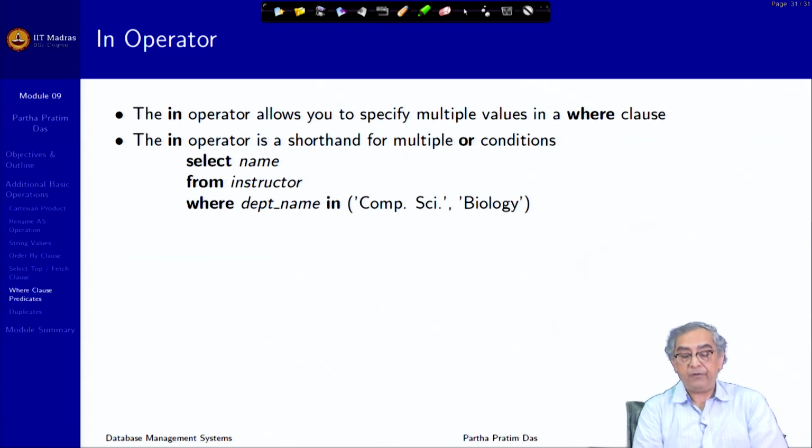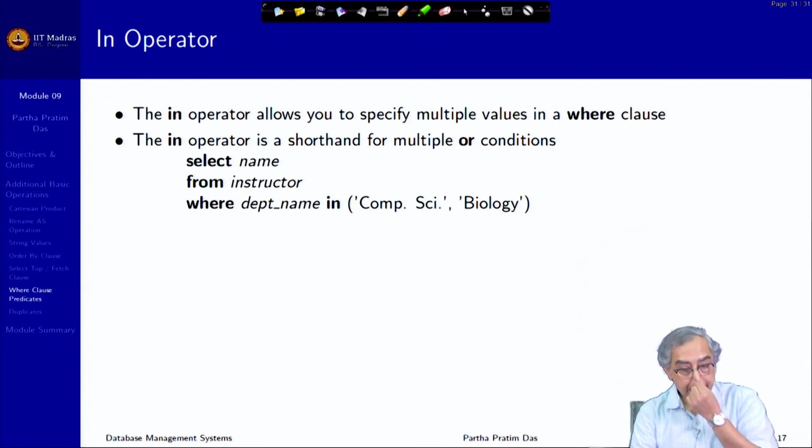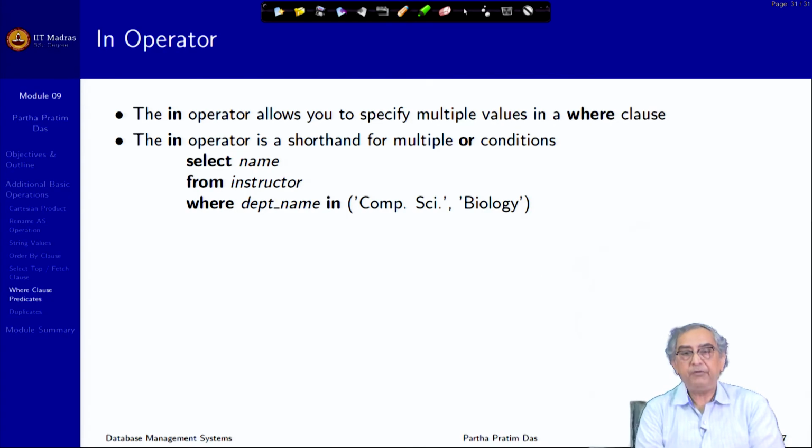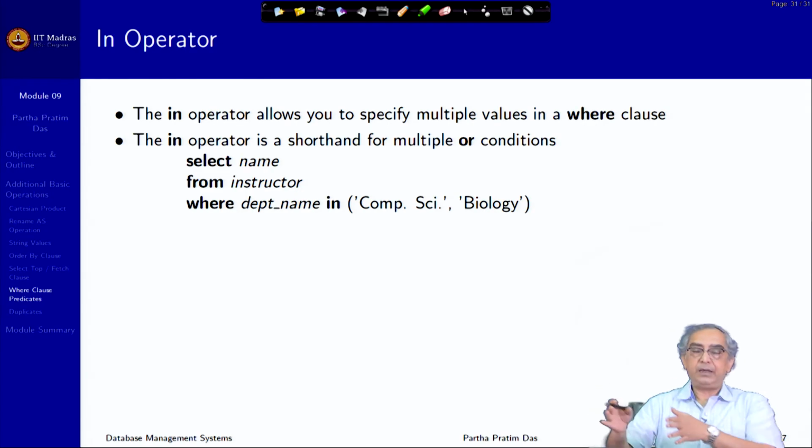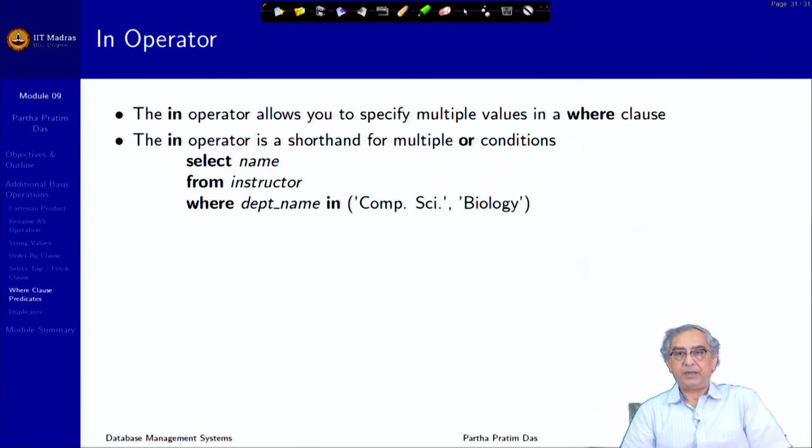There is another way of simplifying the predicate in the where clause, which is known as in. In is as in set membership. So, if you have multiple values that you want to specify, that you want to say that department name is computer science or the department name is biology, or the department name is say mechanical, then get the instructor.